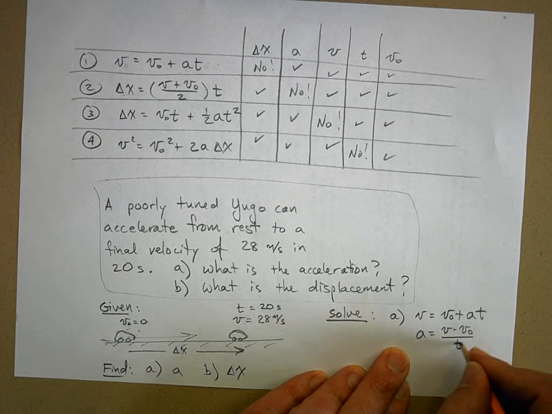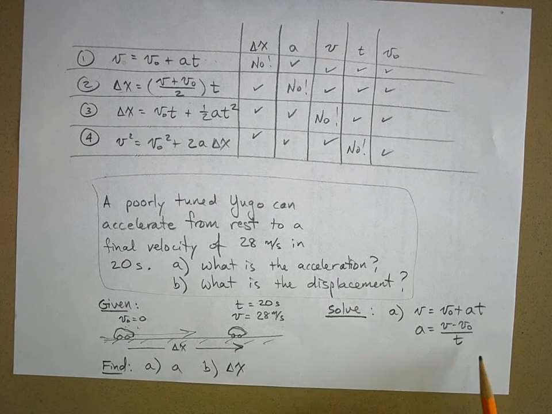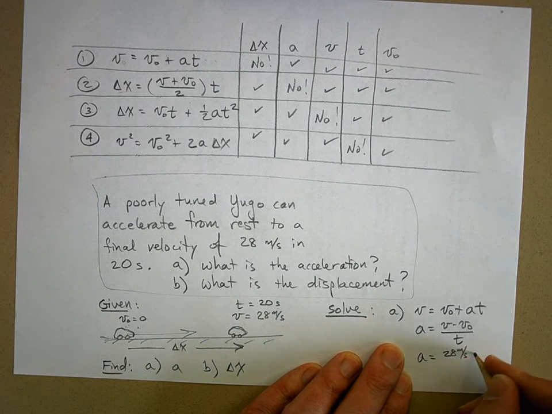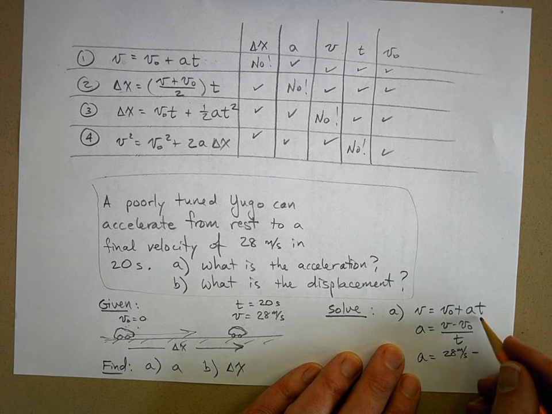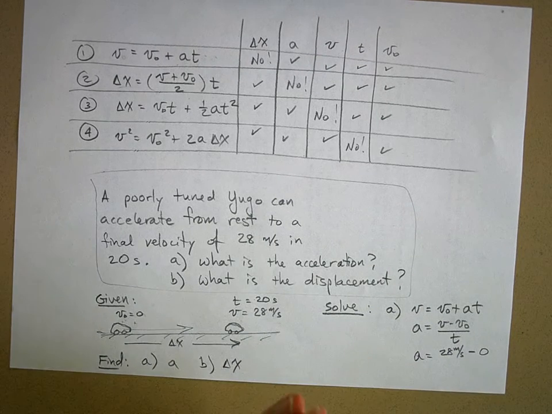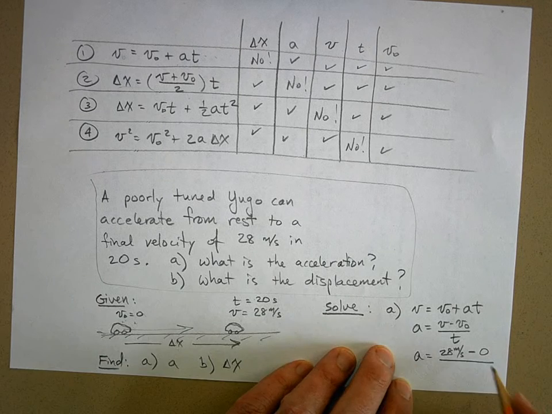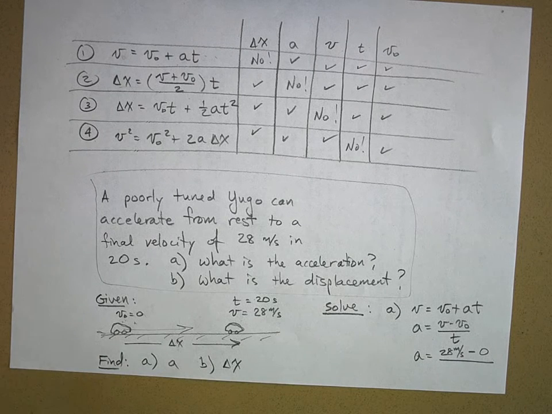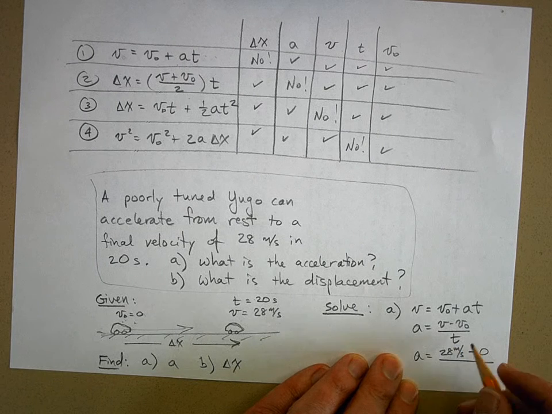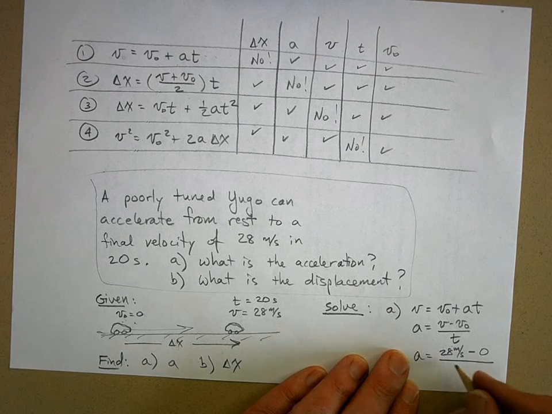Now, by the way, this is also delta V over delta T, so you can use that as well. It's 28 meters per second minus 0, right? The initial velocity was at rest. Yeah, look for that. Whenever it says at rest, that means it's 0. And t equals 20 seconds.